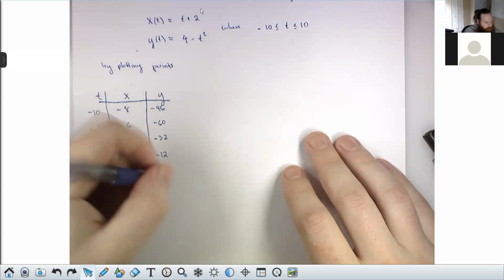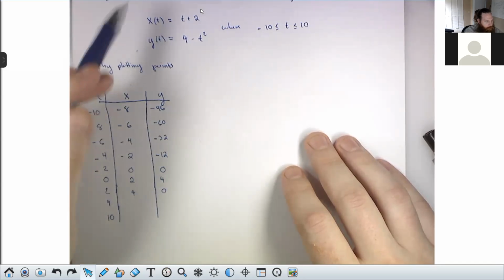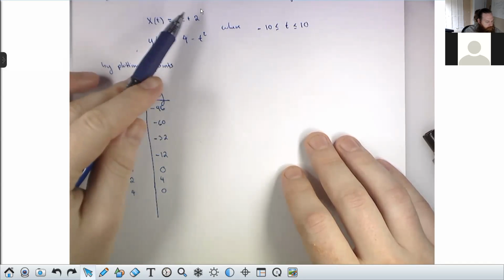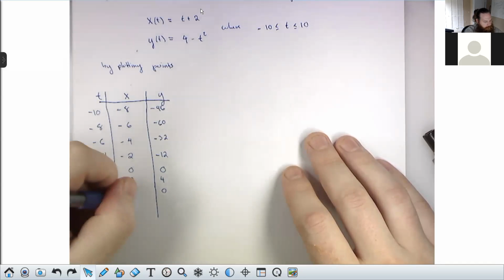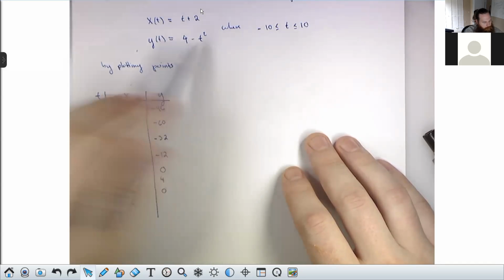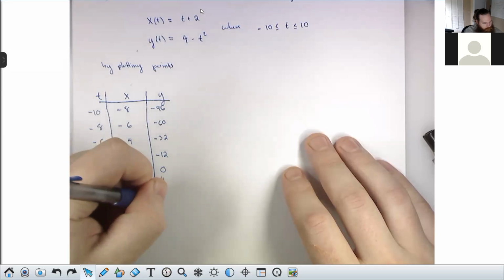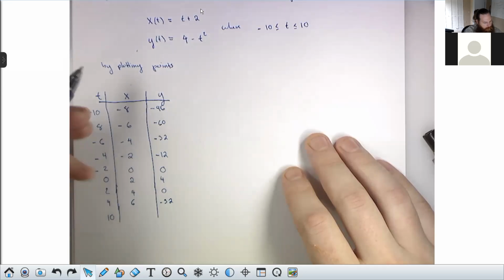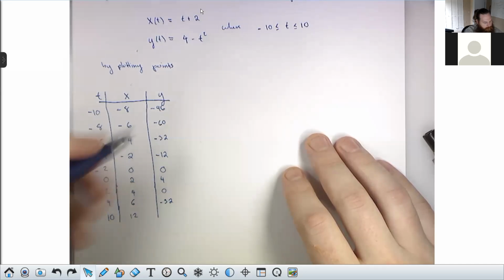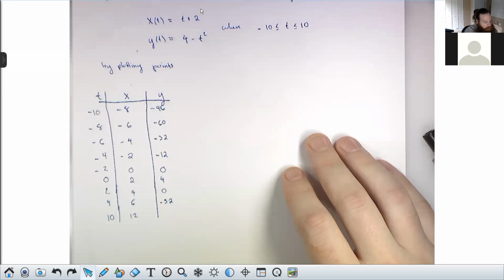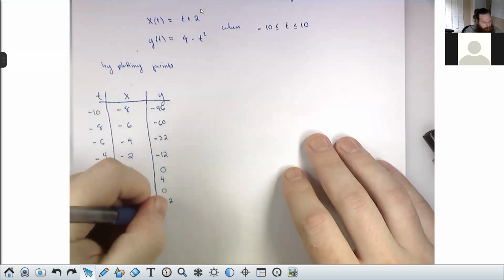That's 0 again. If I plug in 4 for t, then that's 4 plus 2 is 6 for x. And 4 minus 36 is -32 again. And if I plug in 10 for t, then 10 plus 2 is 12 for x. And 4 minus 10 squared is 4 minus 100 is -96 again.